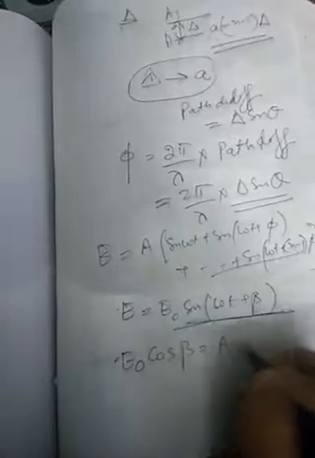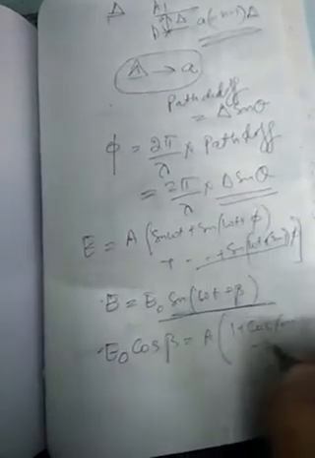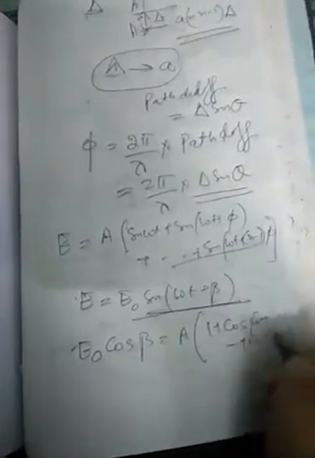We will split up this part and then compare. When you compare, we get E naught cos beta is equal to a into 1 plus cos phi plus so on up to cos of n minus 1 into phi.